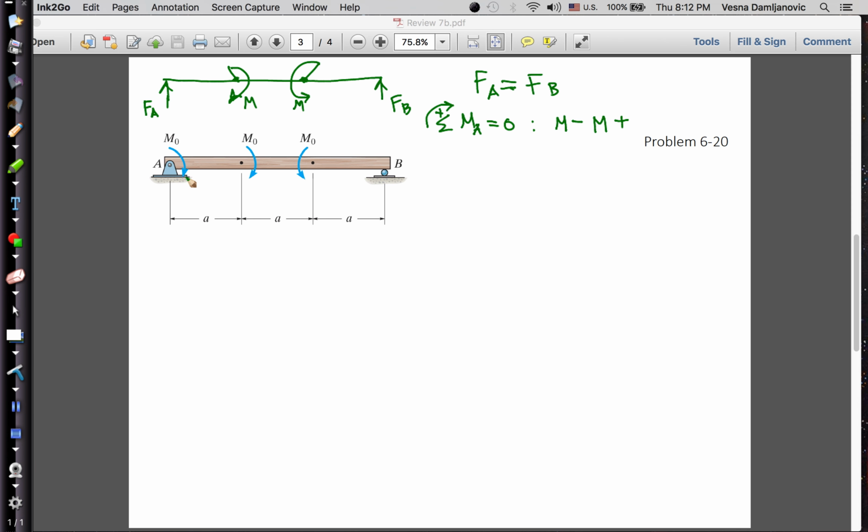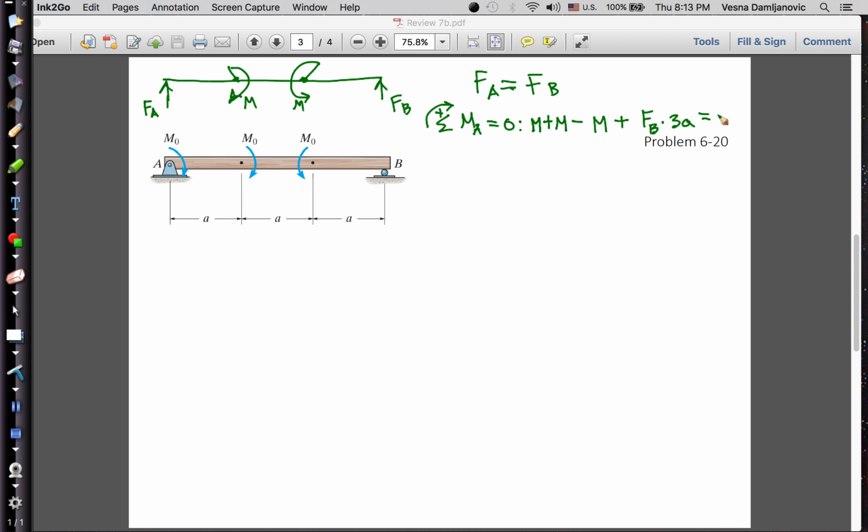So the first moment is M, positive. The next one is also positive, so plus M. So M plus M, and this one's negative, minus M. Then we have this reaction, which is FB, and it's FB times how much? 1, 2, 3A.